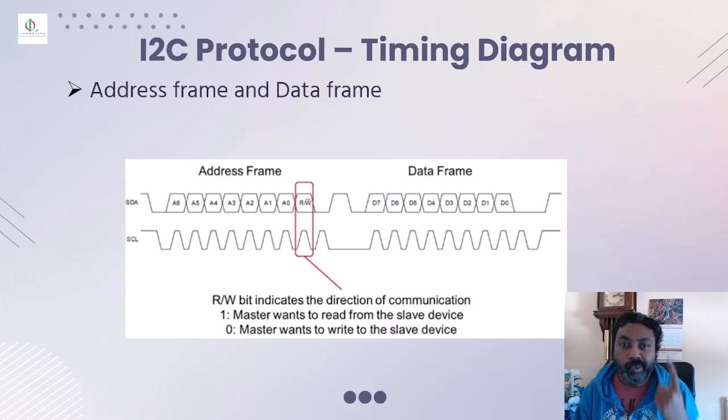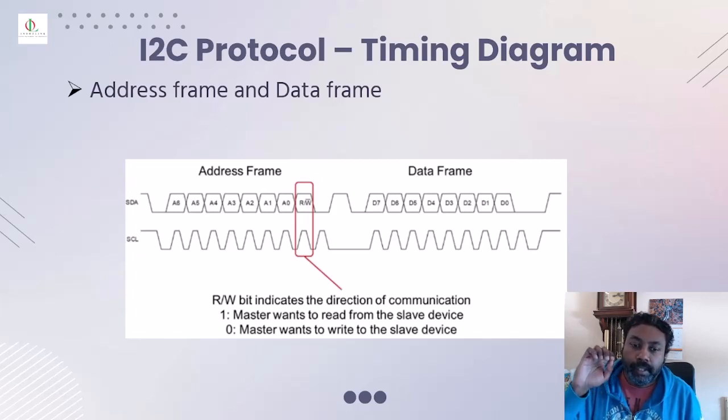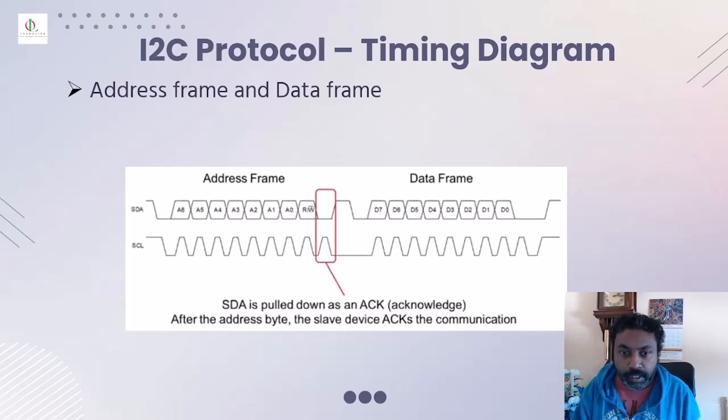If you set that bit to 1, the master wants to read from the slave. If you set it to 0, the master wants to write to the slave device. And then you get the acknowledgement bit. After every packet is transferred, you get an acknowledgement.